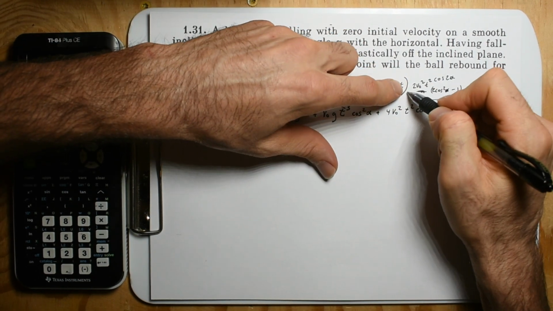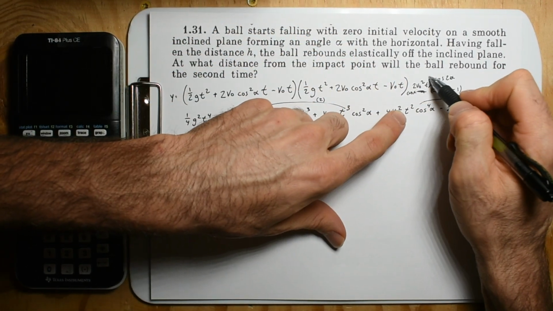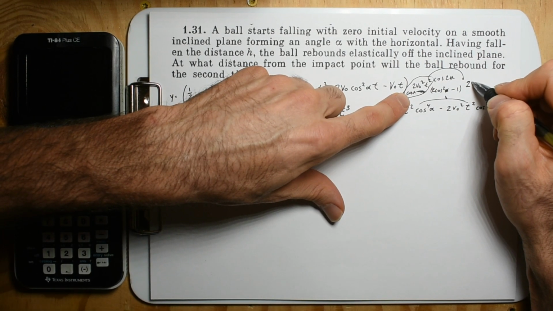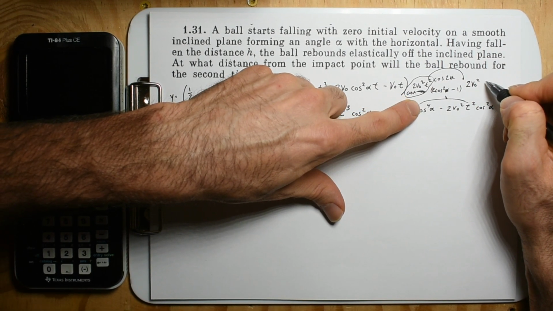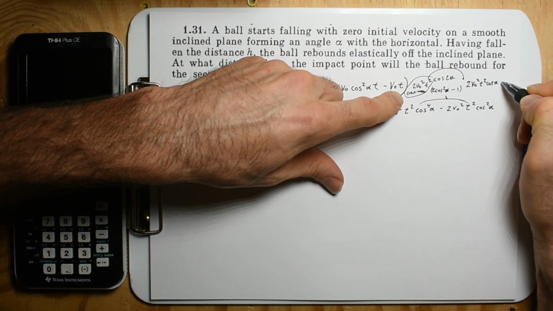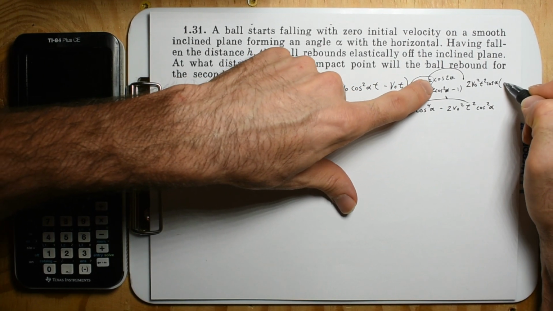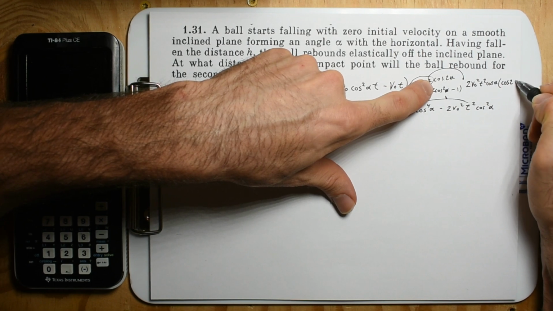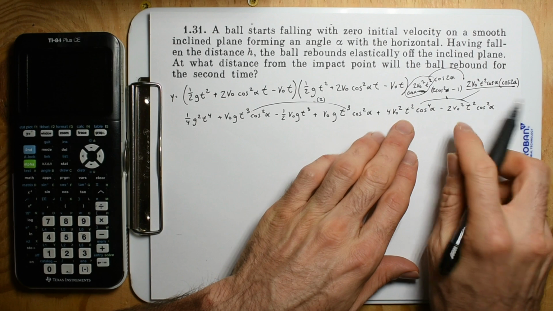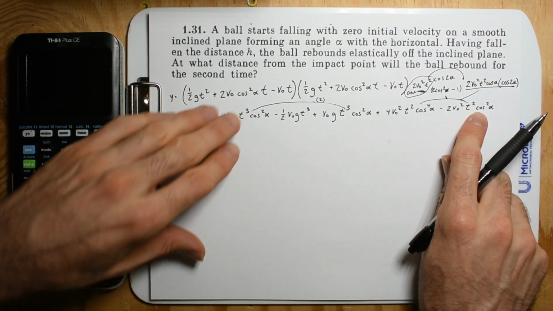So let's rewrite this. We would factor out a 2v0 squared t squared cosine alpha, and then we could change it to cosine 2 alpha. So that is what we could get out of both of those things. Hell yeah, we're on a roll.